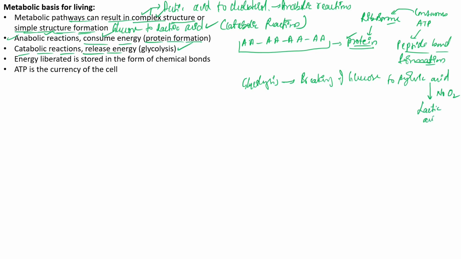If there is oxygen present, the pyruvic acid enters the Krebs cycle, and further aerobic respiration goes on.